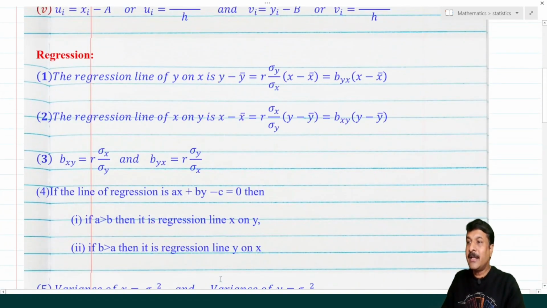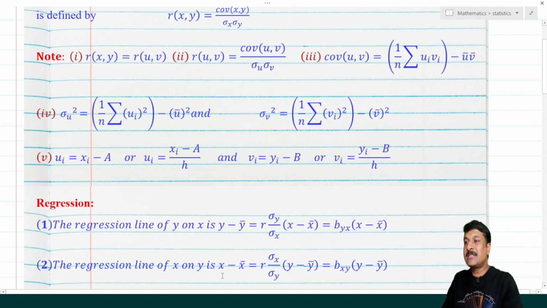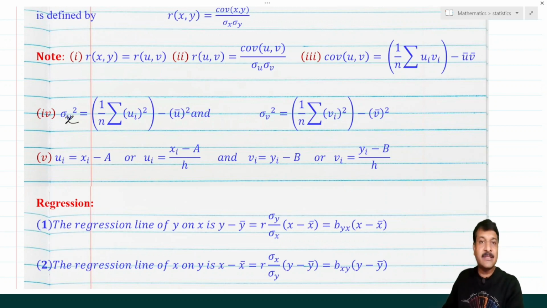So here whenever we are going to consider sigma u square, one may consider here sigma x square, sigma y square, sigma v square. Whatever there, similar or respective changes I will do.